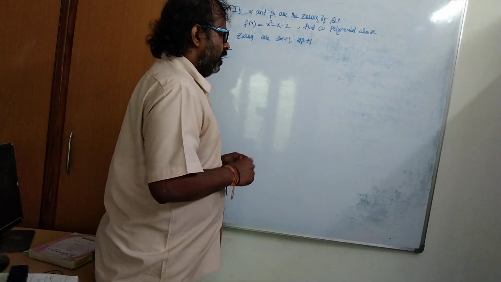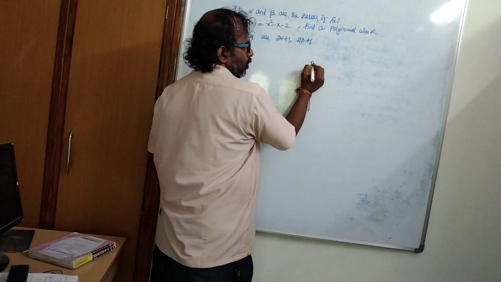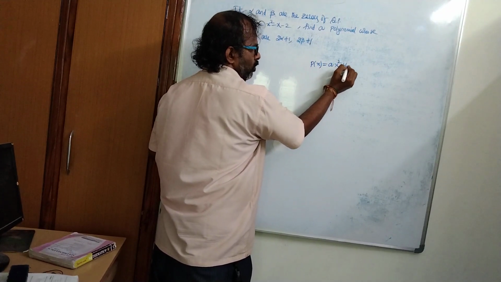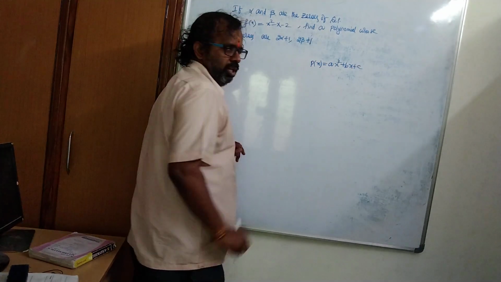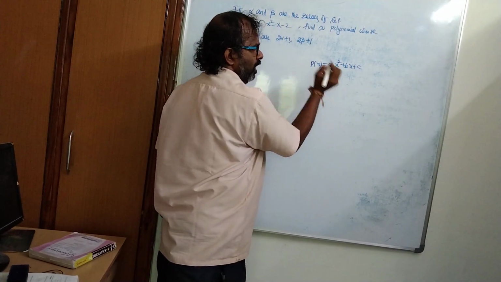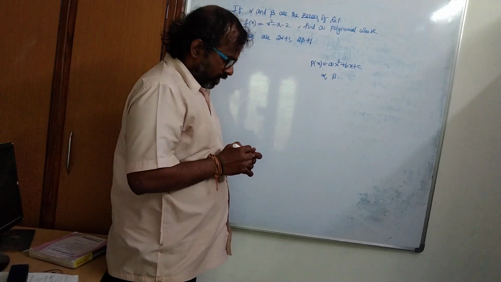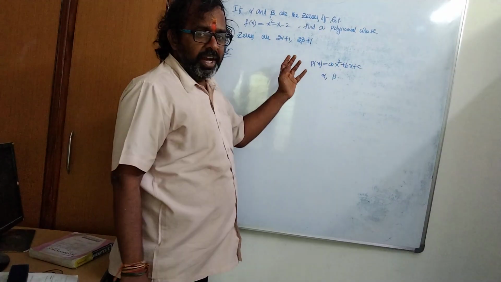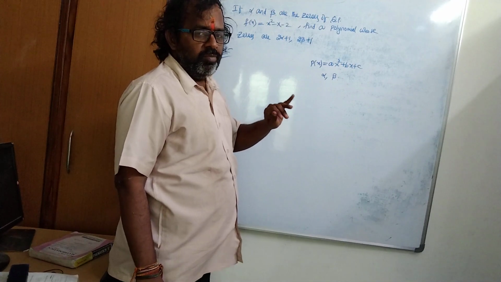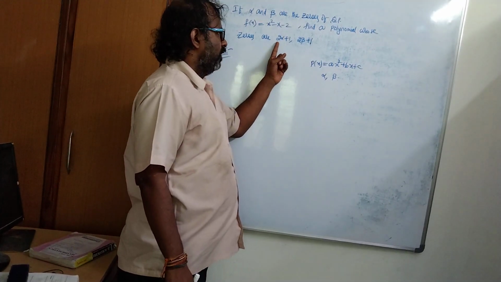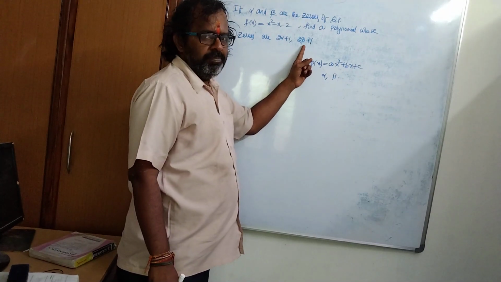Whenever a quadratic polynomial p of x equals ax square plus bx plus c is given, in general we take the zeros as alpha comma beta, right? But here in this problem we are going to find a polynomial whose zeros are somewhat different than the regular zeros. What are those zeros? 2 alpha plus 1 and 2 beta plus 1.